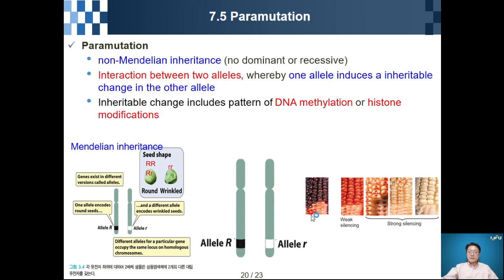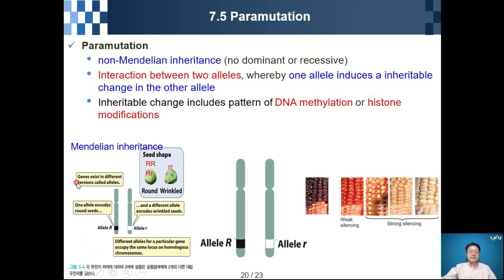Okay, so in this slide, I will explain the fifth subject, paramutation. Paramutation shows non-Mendelian inheritance, meaning no dominant or recessive. How about Mendelian inheritance? This is an example of Mendelian inheritance.